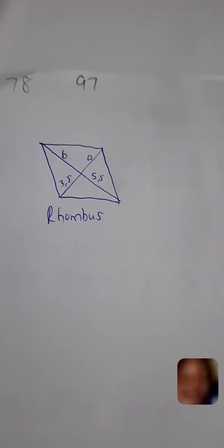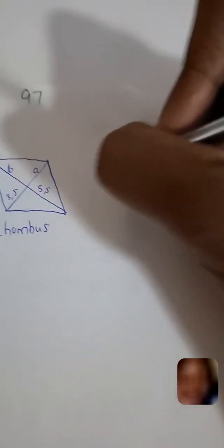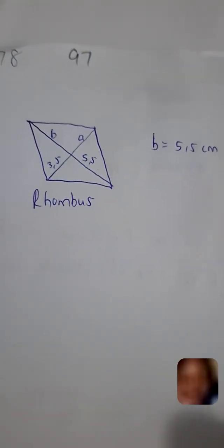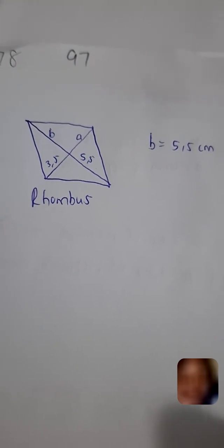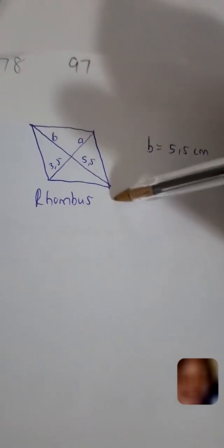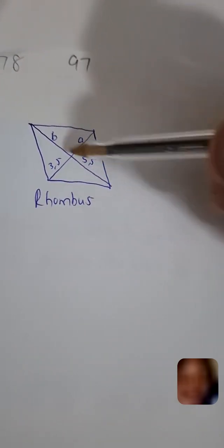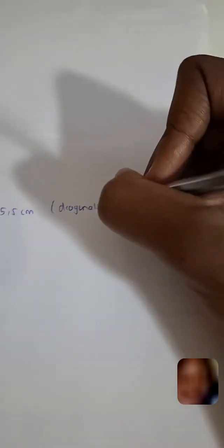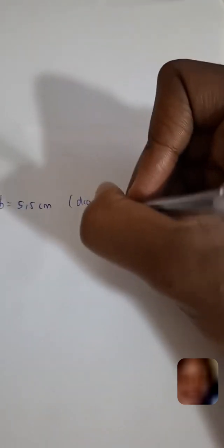B is equal to 5 comma 5. Okay, reason? The diagonals of a rhombus bisect each other.